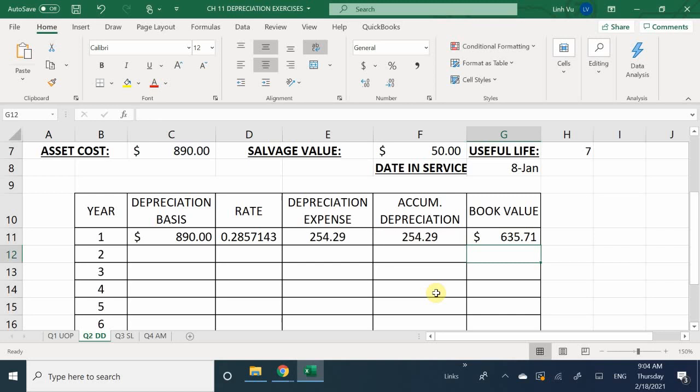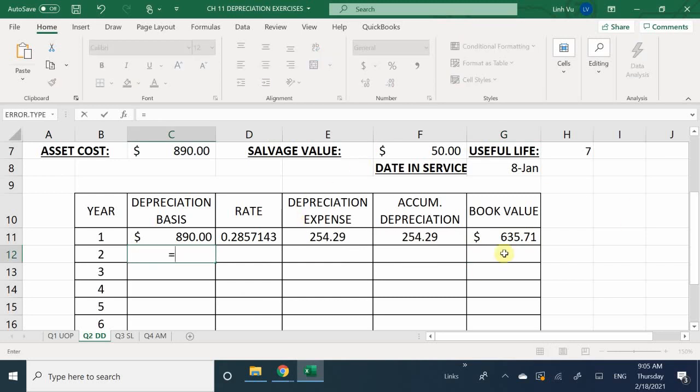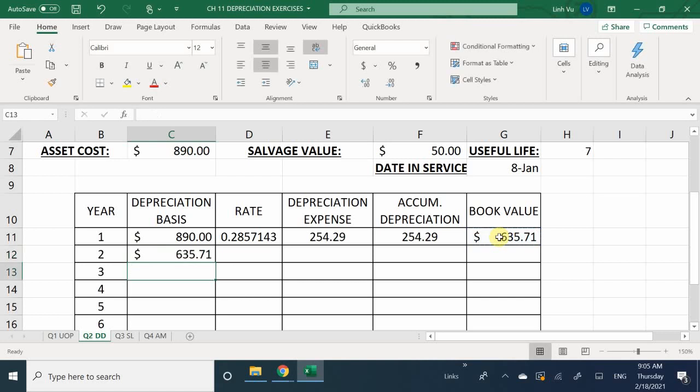All right. So then what is my depreciation basis for year number 2? 635.71. Correct. Your book value at the end of year 1 is going to be the 635, which makes it the beginning of the year for year 2.